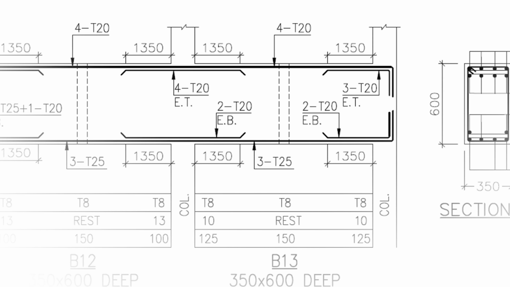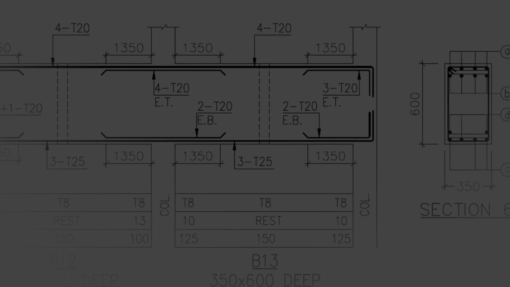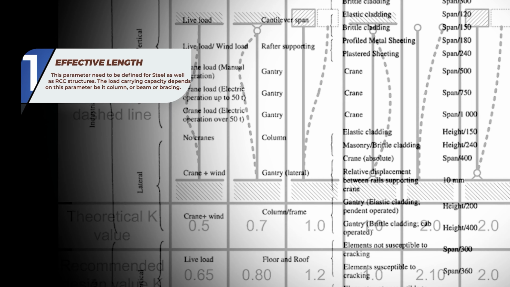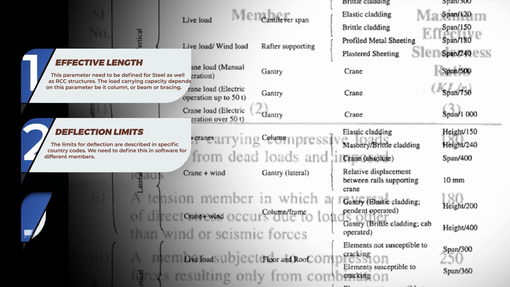Friends, there are a few parameters about which the majority of engineers keep mulling over. They lack the necessary knowledge to choose the appropriate values with respect to project requirements. Therefore, these values will also be covered in this course. These issues are effective length, deflection limits, slenderness ratio.